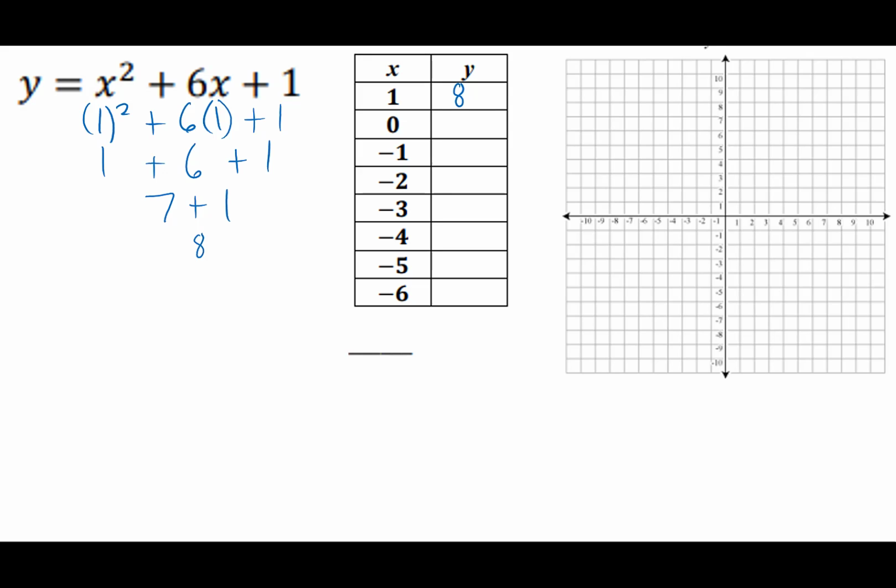Okay. So I'm going to plug in 0. And I get 1. When I plug in -1, I get -4. When I plug in -2, I get -7.